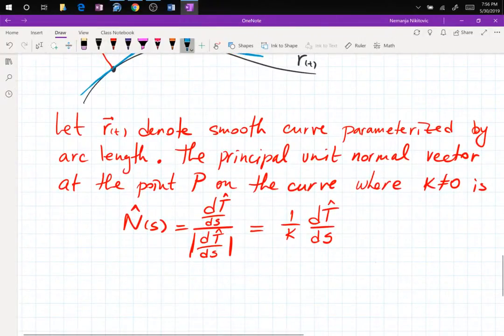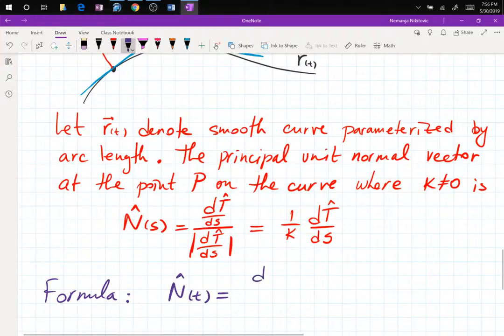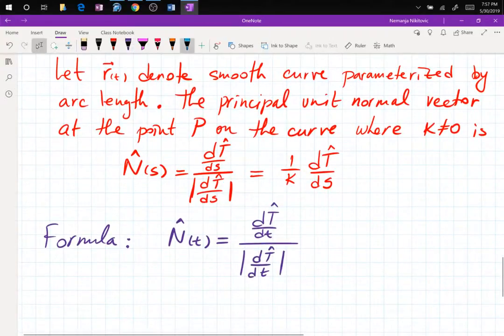But the formula that we want to use to calculate it is this: the normal vector, when we look at it as a function of the parameter t and do the same derivation as last time, is dT/dt divided by the magnitude of dT/dt. So we recognize the form of a unit vector.